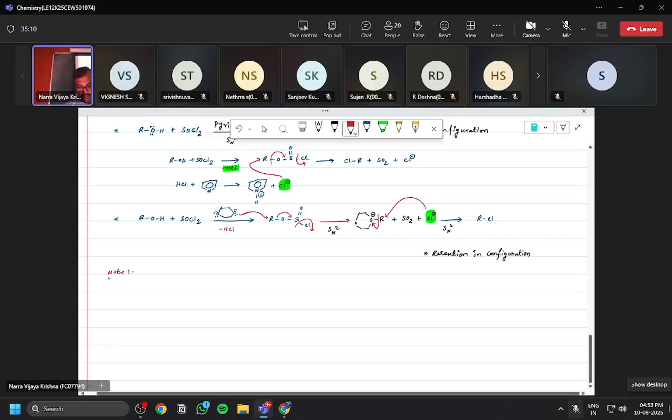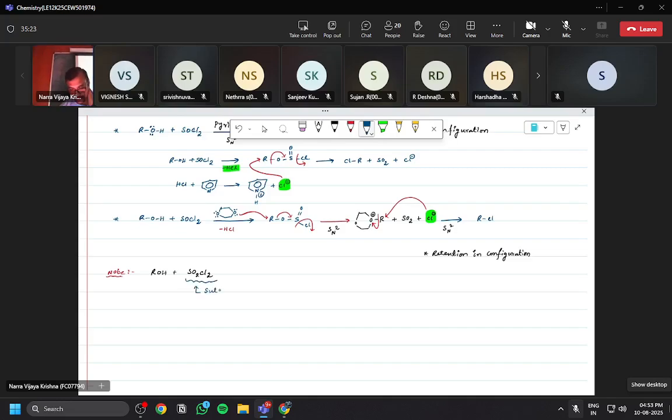Alcohols with SO2Cl2, sulfuryl chloride, in presence of sunlight and organic solvents.